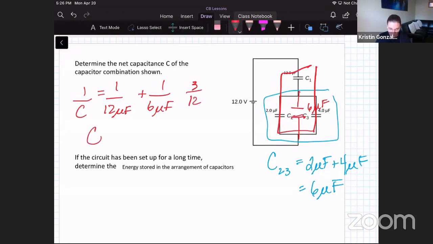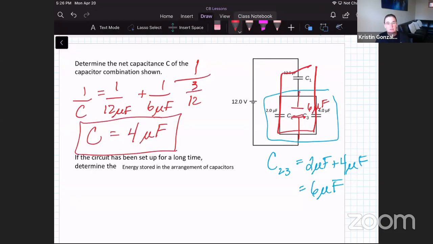So C would be 1/that, or a total of 4 microfarads. So in series, we have to do 1/C, add up all the inverses, and then in parallel, we can simply add them all together.